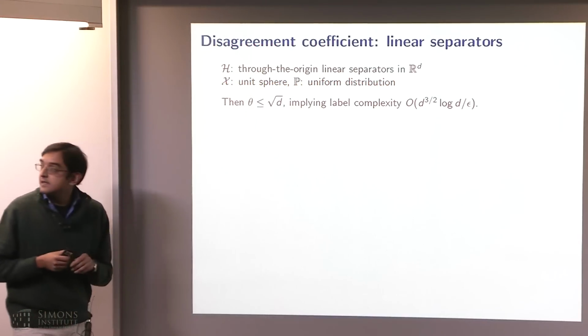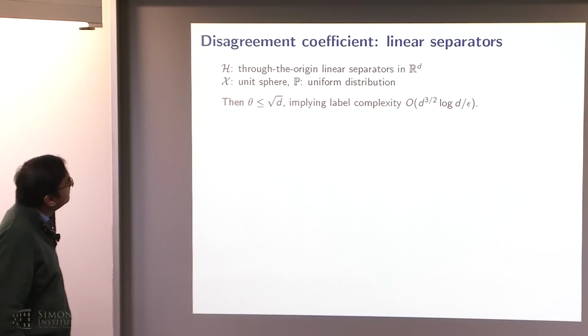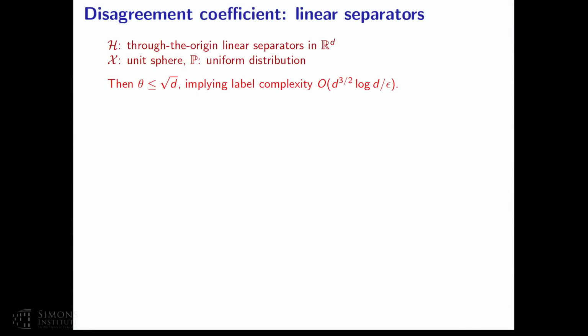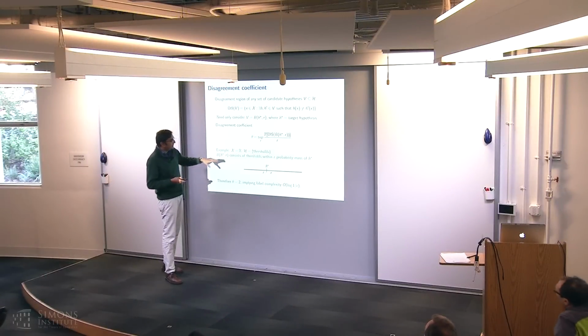So now let's look at a slightly more advanced case, disagreement for linear separators. Actually, I'm running a little short on time, so I'm going to fast forward this part a little bit. Just to say, this was a toy example.